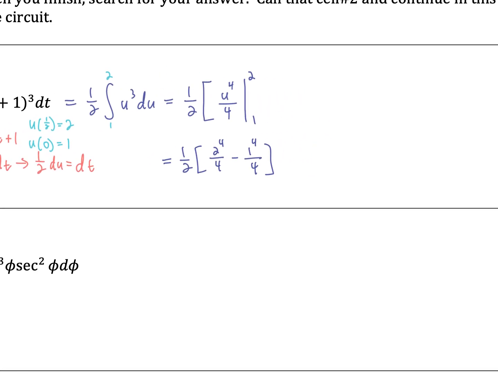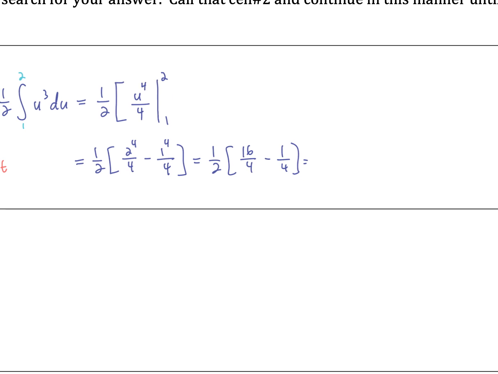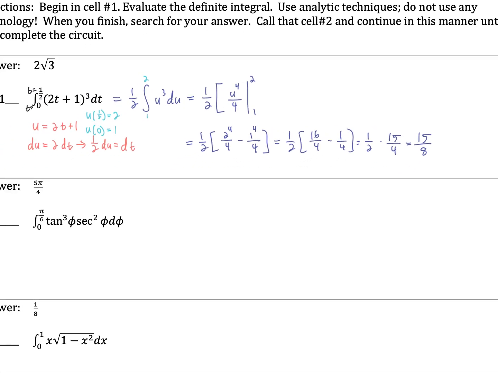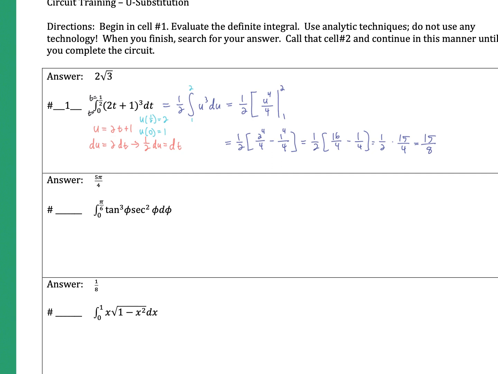Then we'll simplify this to a number. 2 to the 4th is 16. 1 to the 4th is just 1. So 16 over 4 minus 1 over 4 is 15 over 4. And then that'll become 15 over 8. And that's it.